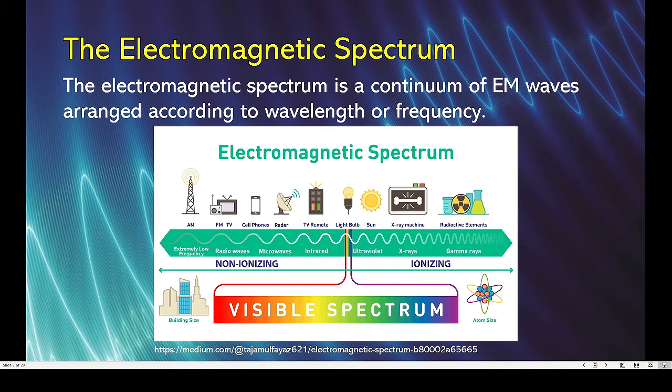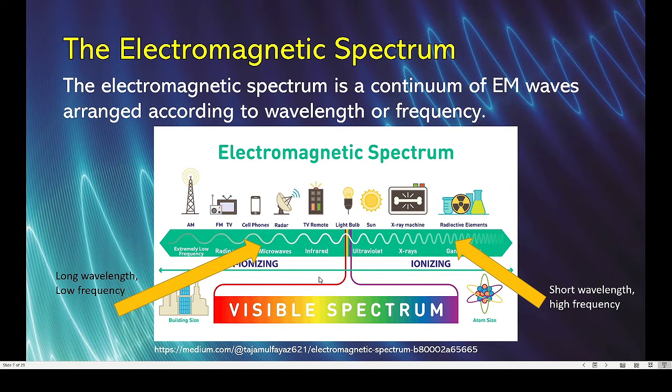This means that radio waves, itong radio waves which is on the left side, they have a long wavelength but they also have low frequency, while on the right side, the gamma rays, they will have short wavelength but they have high frequency. In short, wavelength decreases from left to right while frequency increases, provided that you started with radio waves going to gamma rays from left to right.